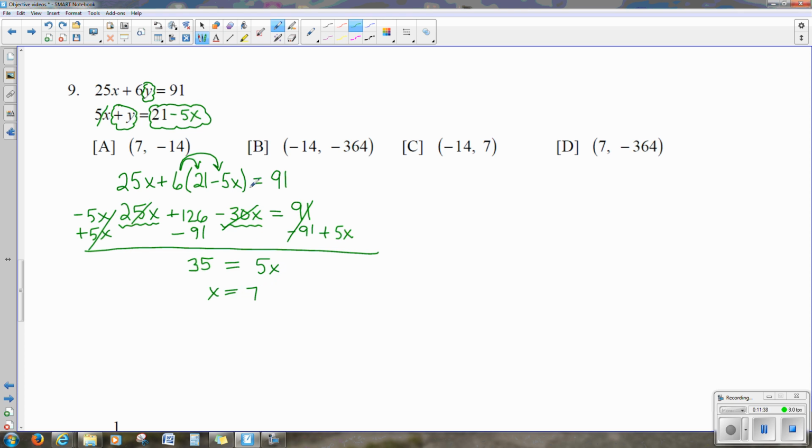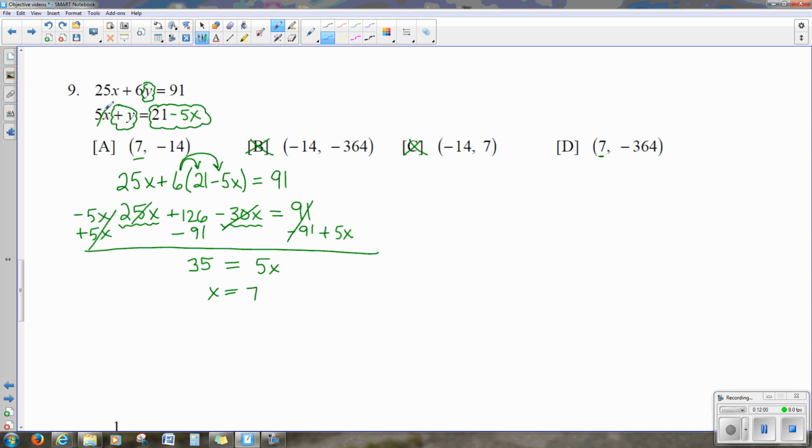All right, so we need an x value of 7. I got it here. Not there. Not there. That's a y value of 7. And that's also an x value of 7. So we are going to have to go back and find y. So let me use this equation.